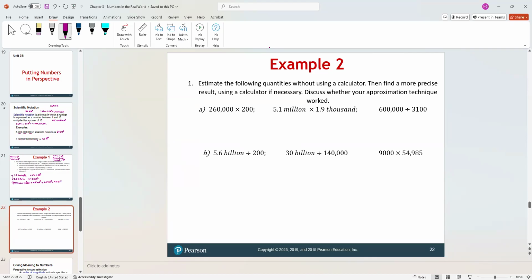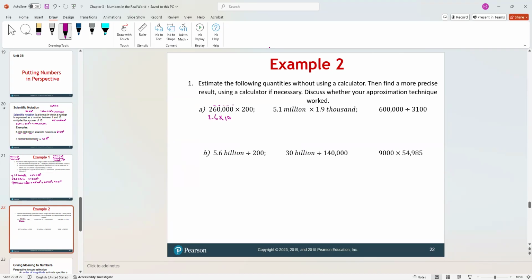For example two, what they ask you to do is to multiply. They said estimate the following quantities without using a calculator, then find a more precise result using a calculator if you want. If you multiply this one, what I see is 2.6 times 10 power what? 1, 2, 3, 4, and 5.